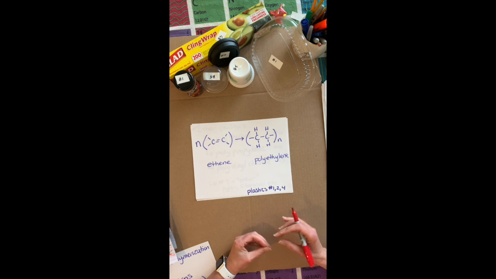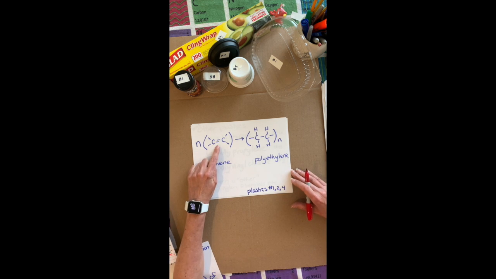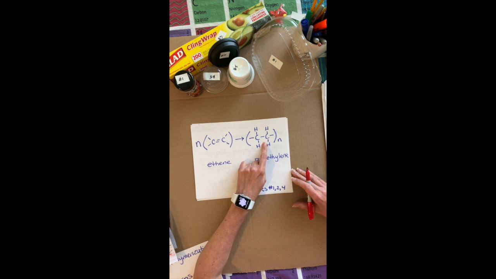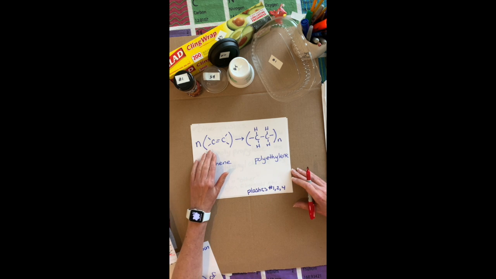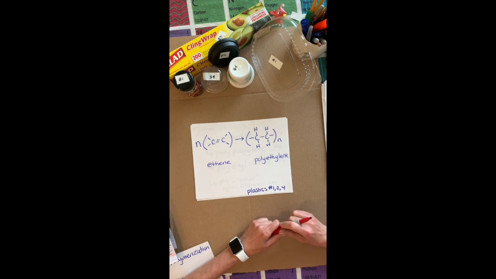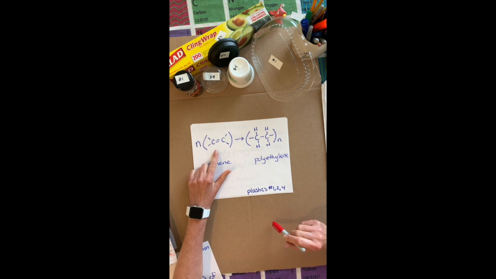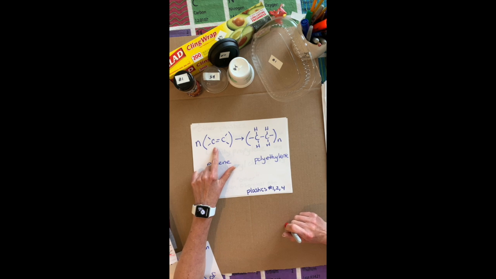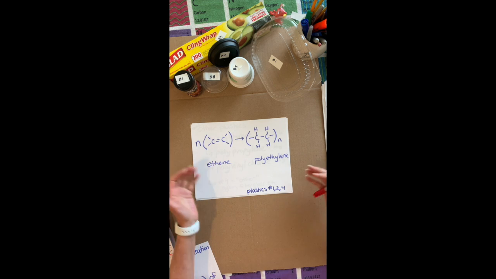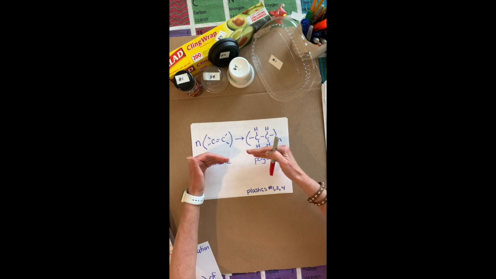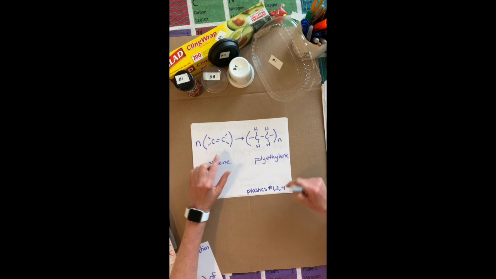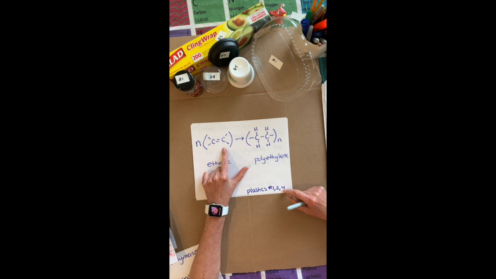And just a quick comment: you'll notice we have the double bond here and we're down to a single bond. Remember, ethene and other alkenes are unsaturated. They do not have the maximum number of hydrogens that could be bonded here. So there's room to add and link up other compounds, in this case ethene, over and over and over again.